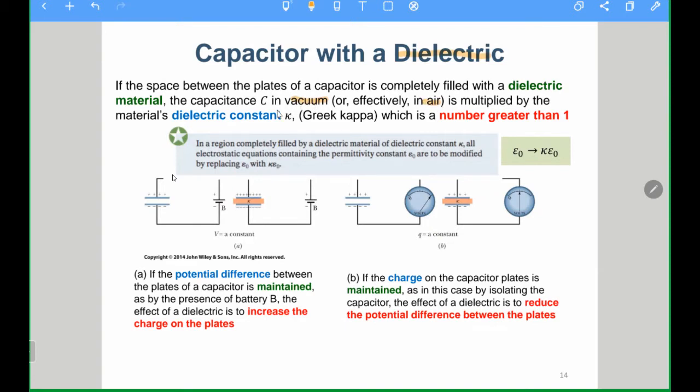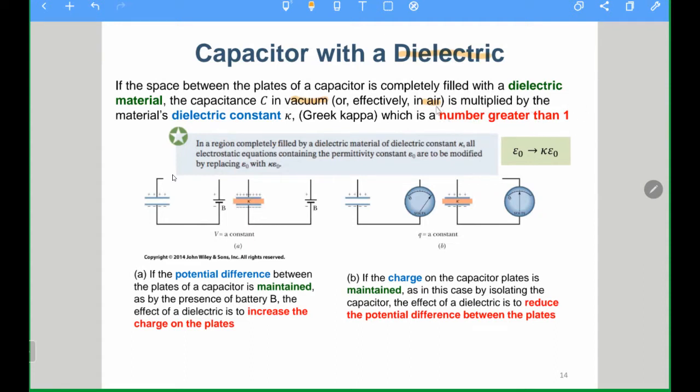So if we fill the dielectric between the capacitor, the capacitance will be multiplied by the dielectric constant kappa. This is not K, this is kappa, a Greek letter, which is a number greater than 1. So always greater than 1.